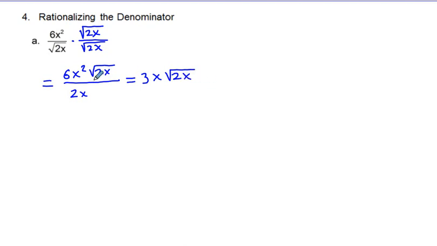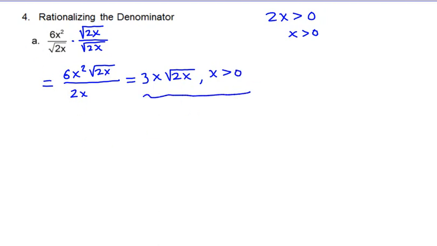Now, do we have any excluded values here? Well, yes, we have. We cannot divide by 0, but also our radical cannot be negative. So 2x has to be greater than 0. So therefore x has to be greater than 0. So that's going to be our condition here. So our answer is going to be 3x times square root of 2x, comma, x is greater than 0.